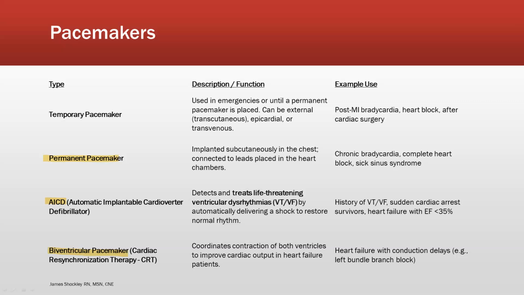We talked about when we're going to use a temporary pacemaker. It doesn't really change for a permanent pacemaker, except now we're going to throw that word chronic in there. And then defibrillation, this AICD or ICD, they will call it either or, is to help clients who've had recurrent issues with VFib, VTAC.